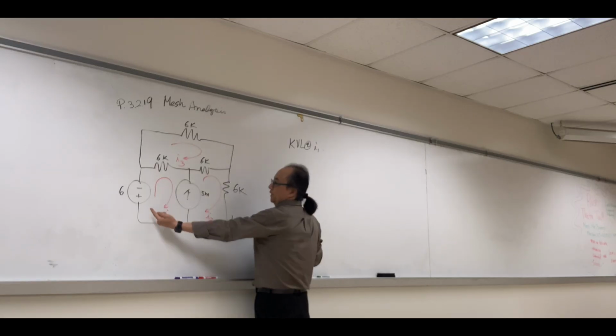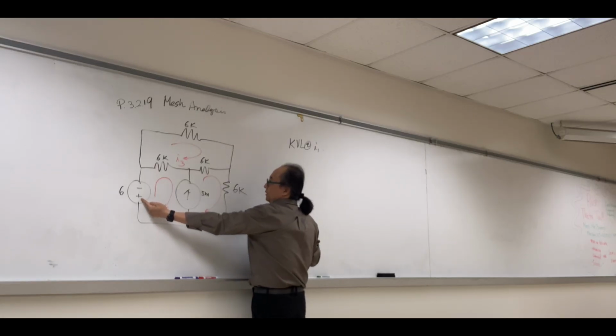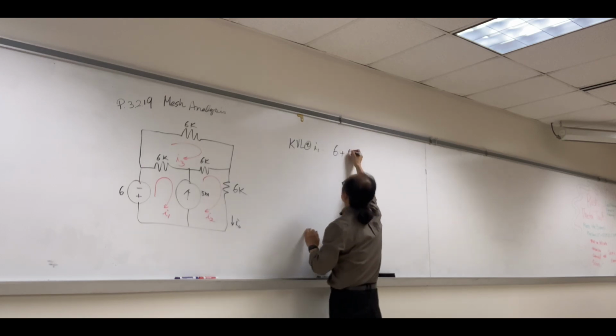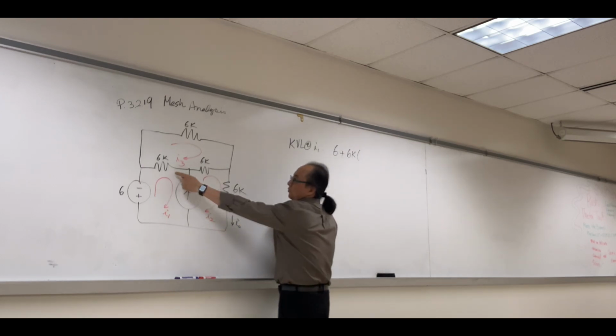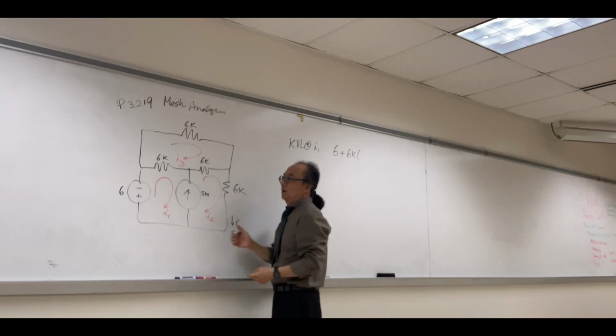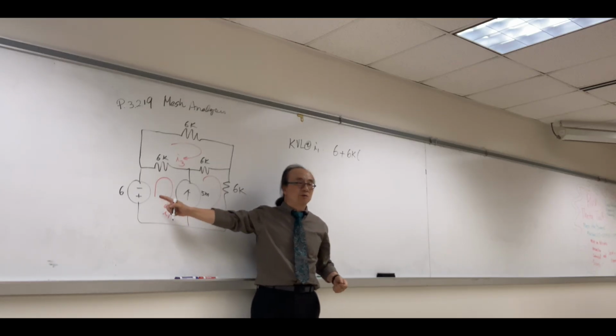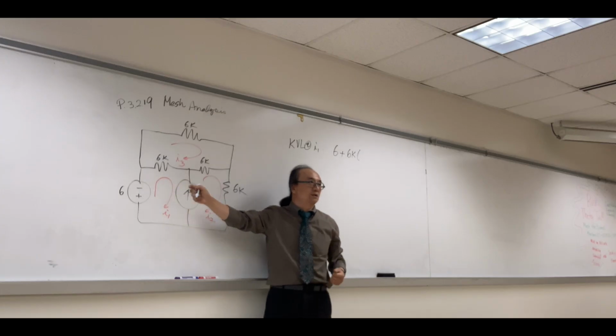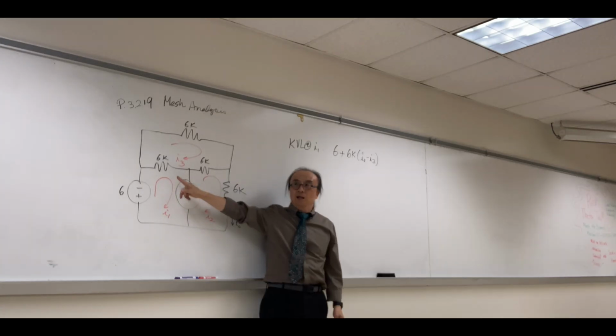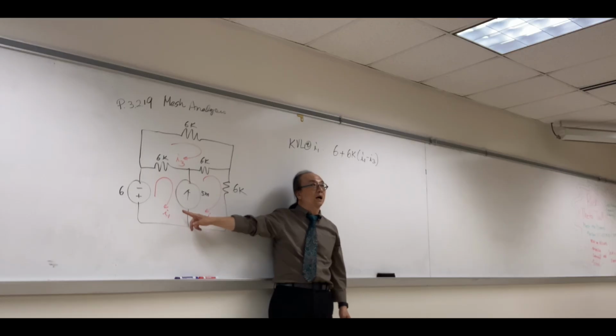I sub 1 enters the positive terminal of the voltage, plus 6, plus 6K. For this 6K, our reference direction is I sub 1, right? Therefore, what is the current going through 6K? And then we need to write IR, but we have a current source. We don't have I, we don't have R, we don't have voltage.